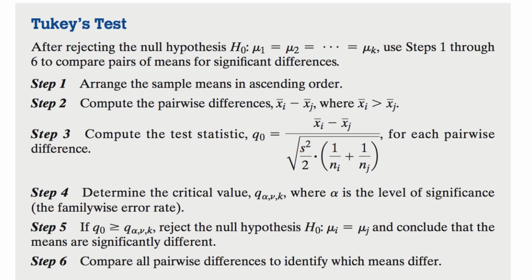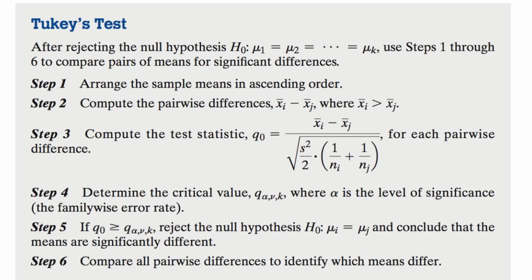If you want, you can use an absolute value function or whatever, but the bottom line is we must have the numerator positive. As far as the rest of the test statistic, you notice something called s squared in the denominator radical. And as you can read elsewhere, that is the mean square error from ANOVA. That's why we wrote it down back when we did that, because we knew if we rejected, we were going to need it for Tukey's test. So we have it. And as far as the n sub i and the n sub j, those are the sample sizes of the samples being compared.